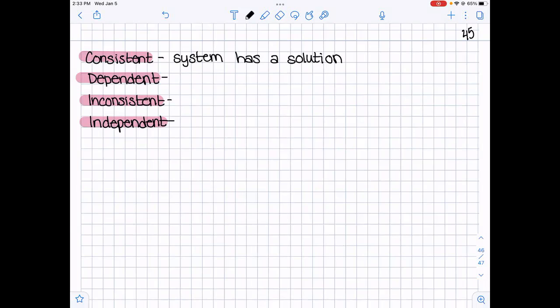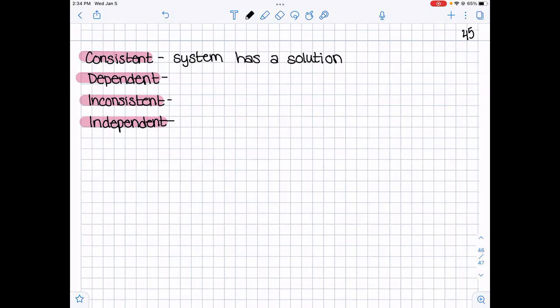Then there's dependent. What does it mean if something's dependent? It depends on something else. It needs something else to function.